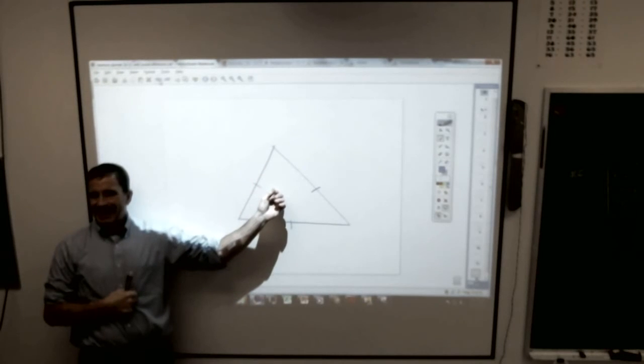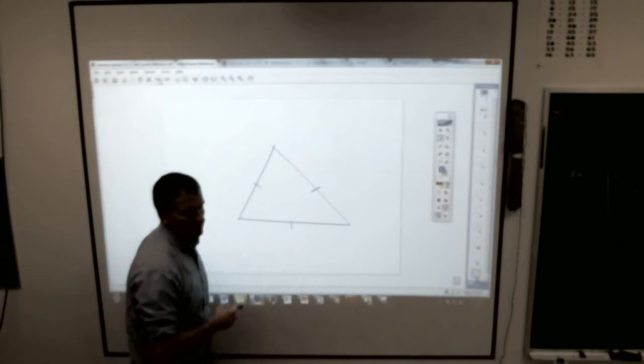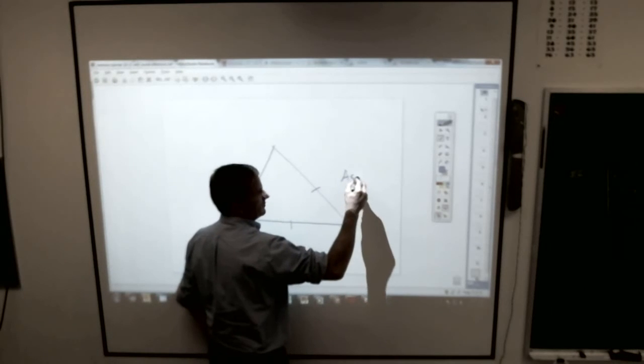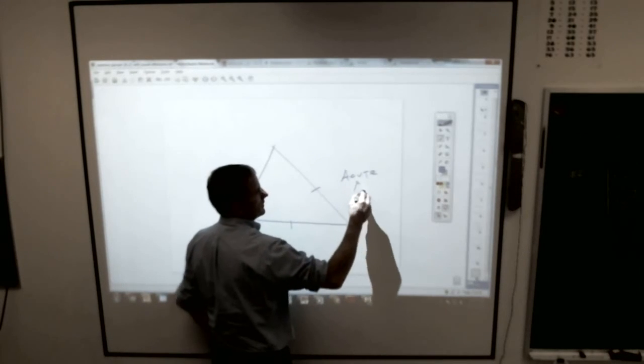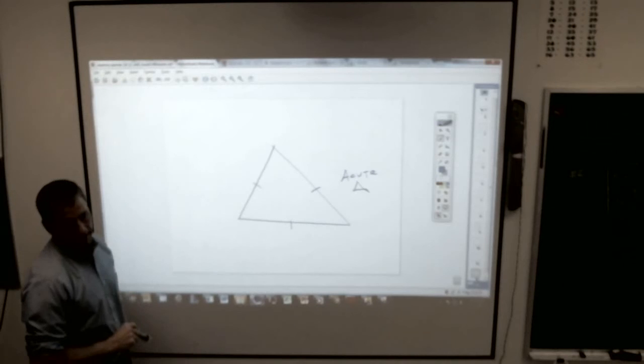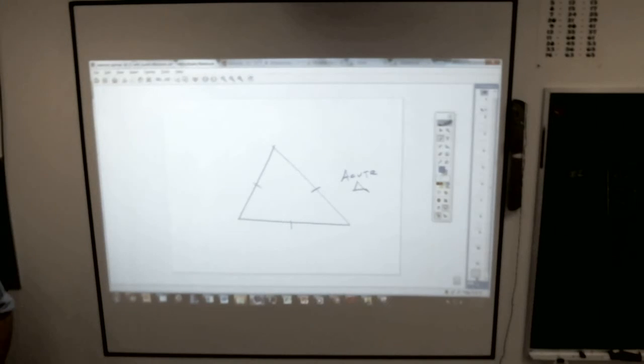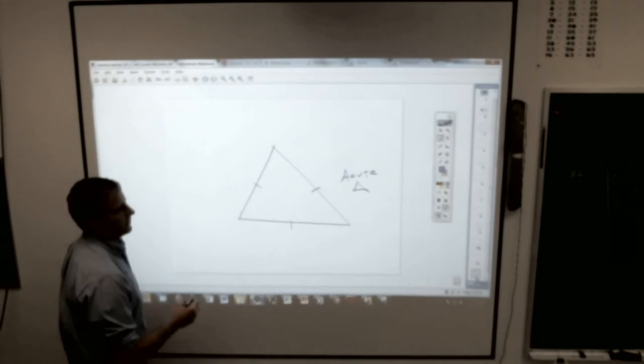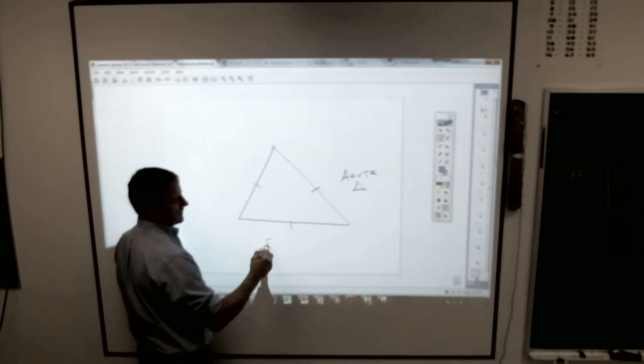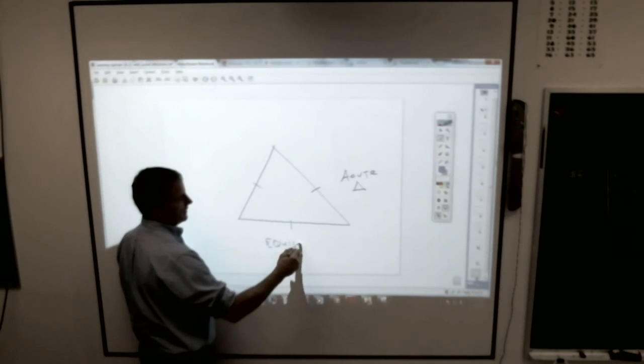By its angles. Brendan? All the angles in it are acute, so it's an acute triangle. Based on its sides, Chloe? Yeah, all three sides are equal, so it is an equilateral triangle.